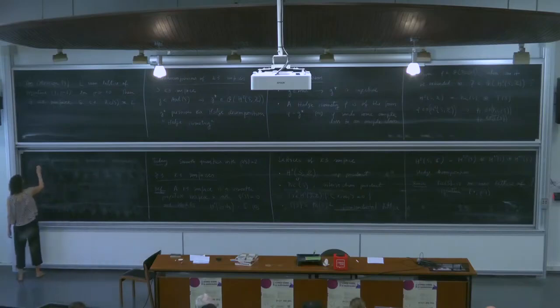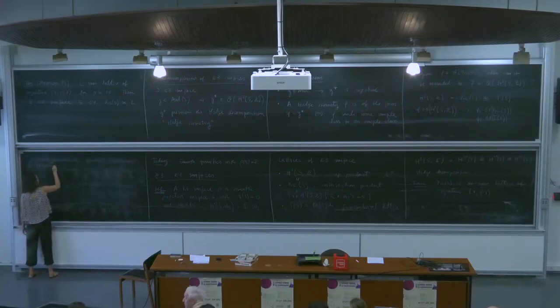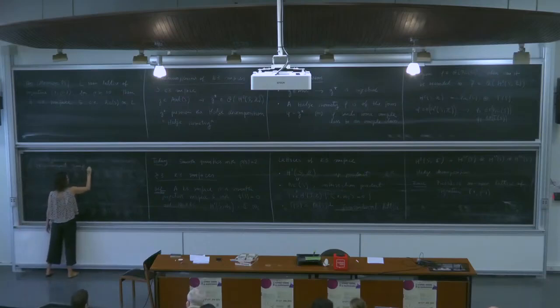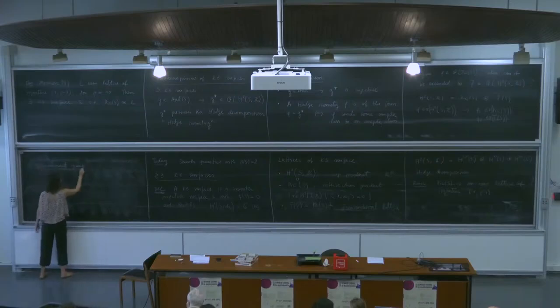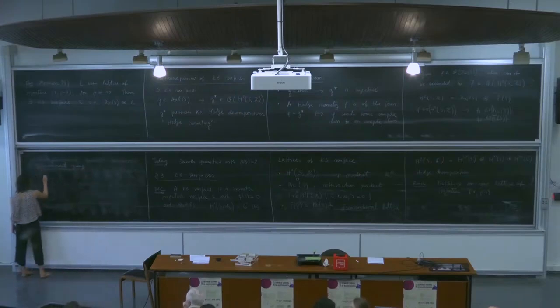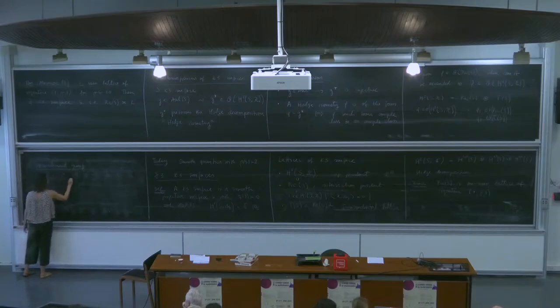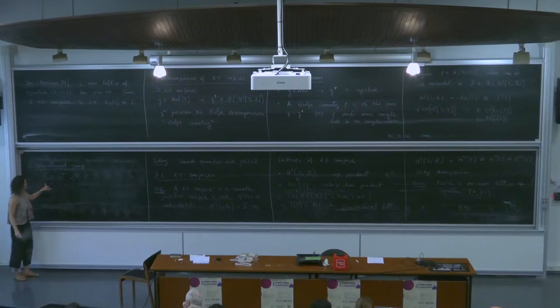So if I have the discriminant group of a lattice, in the case of the Picard lattice, I can define the dual Picard lattice as follows.